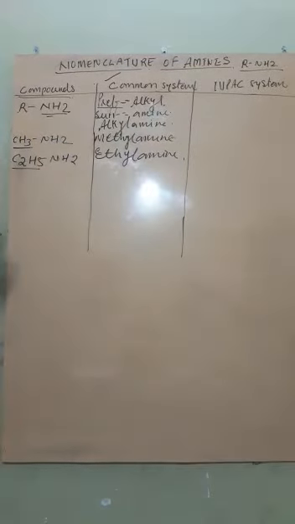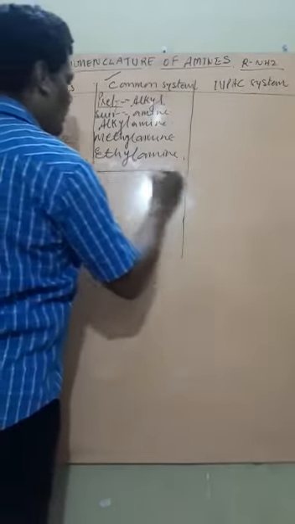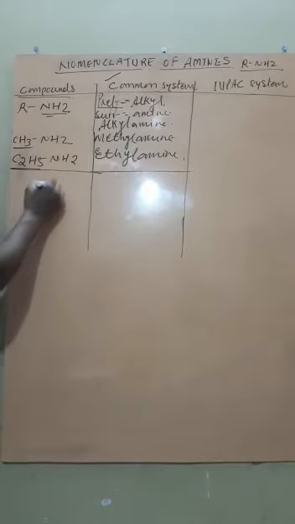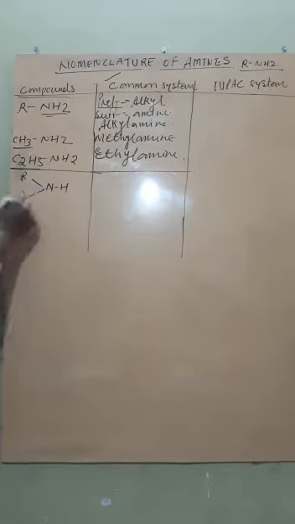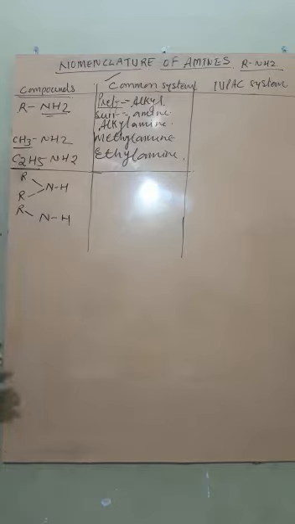It will be needed in the case of secondary and tertiary. Now this is about primary amine, the 1 degree amine. If there is a secondary amine, like R2NH, here two conditions are there. Which two? If the alkyl radicals are of the same type, and if the alkyl radicals are of different type.